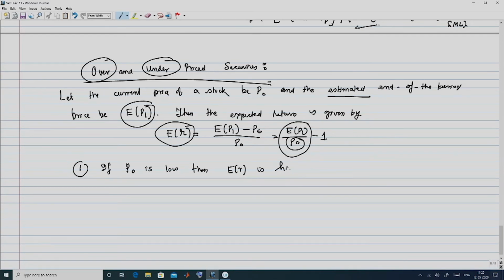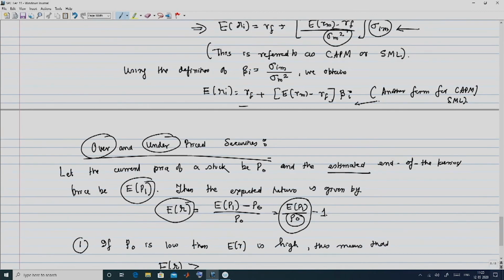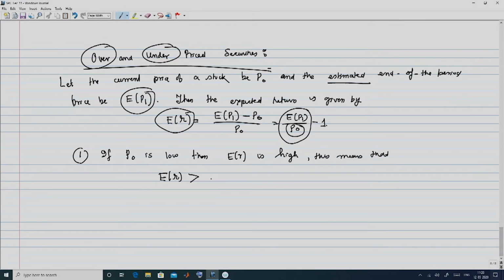This means that the E of R of the asset will be greater than the expected return given by the CAPM formula. So, E of R is greater than RF plus (E of RM minus RF) times beta. Here I am dropping the subscript i for notational convenience.